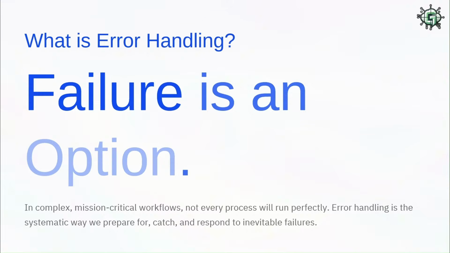In automation, failure is very normal. It's not like you will build a perfectly working automation in the start itself. So failure is normal, and error handling is how we prepare for those failures: catch them clearly and respond properly, so that after an improvement or update, the error shouldn't be there.